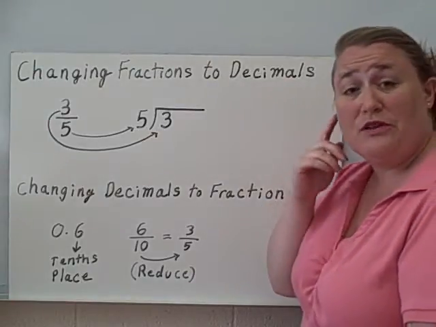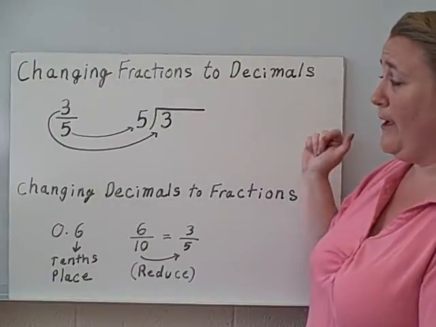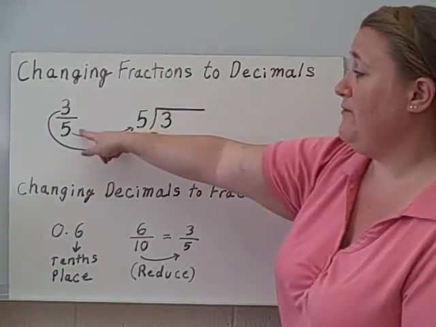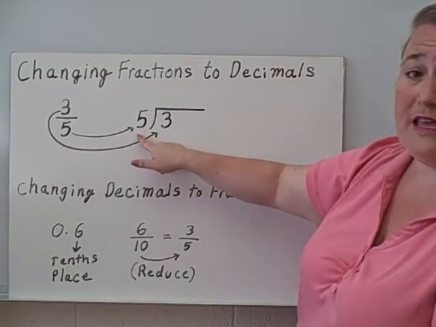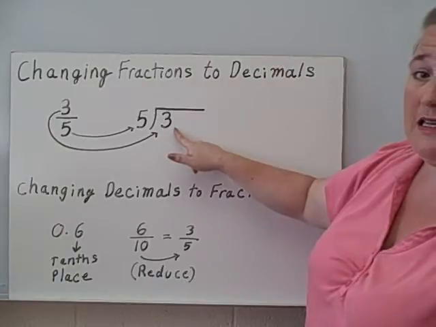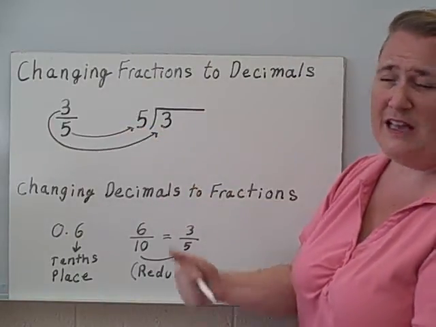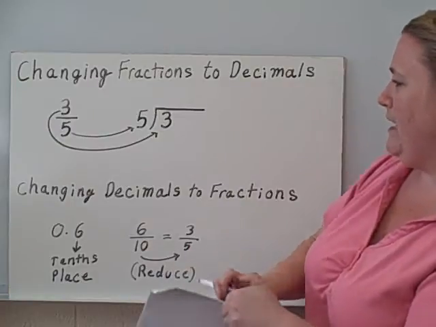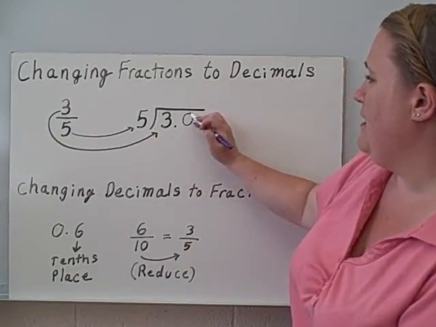So let's do some reviewing. Changing fractions to decimals, okay? We've got 3/5. Remember, our denominator goes on the outside, our numerator goes on the inside, but can I divide 3 by 5? Not without adding my decimal and a 0.